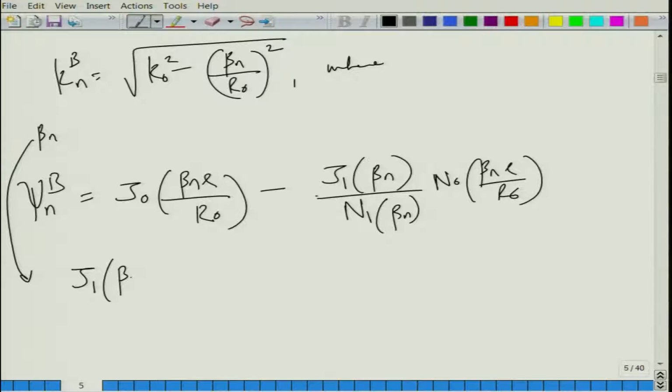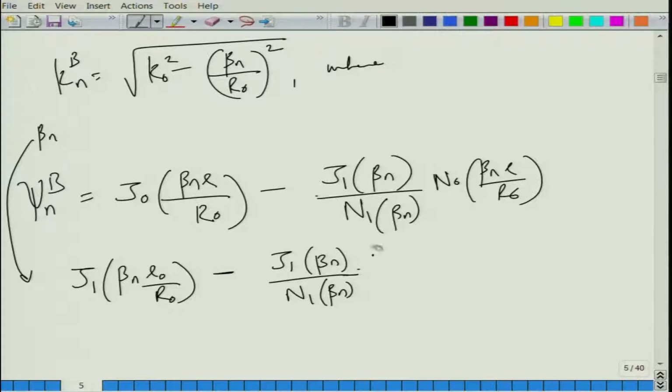This is beta n r naught, and this is r naught here, and here we have J1 of beta n by n1 and beta n into n1.